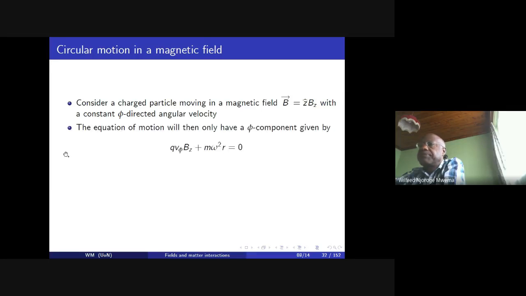The equation of motion will therefore only have a phi component, and it will be given by q v_phi B_z plus m omega squared r equal to 0. This is what is called the statement of the radial force condition for uniform circular motion.